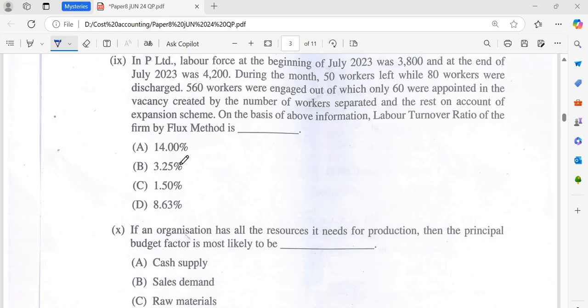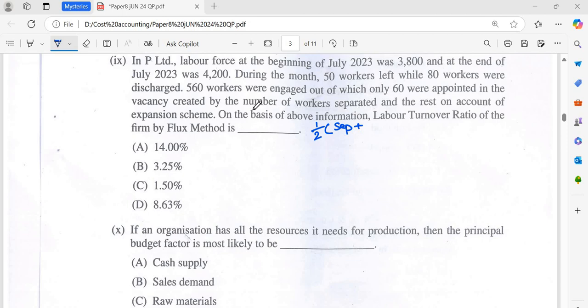So we need to calculate labor turnover ratio under flux method. The formula will be half of number of employees separated, that is number of separations, plus number of replacements.